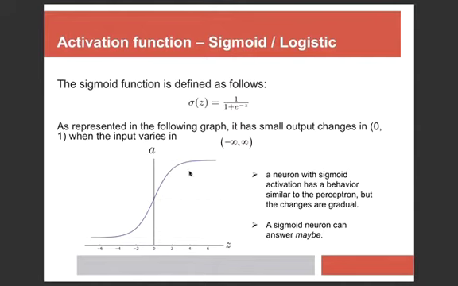Here is a commonly used activation function called the sigmoid. Its presentation can be seen from the graph, and the mathematical formula is 1 divided by 1 plus the exponential of negative input d.